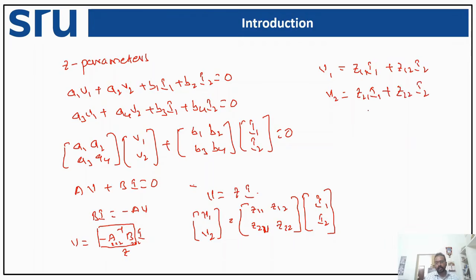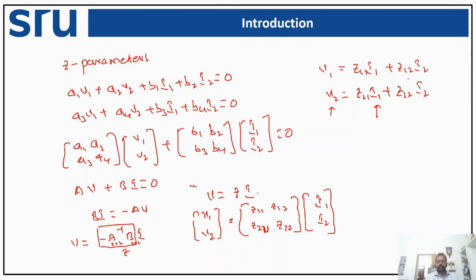Here you can see that we have assumed the port currents are independent and the port voltages are dependent, at the input port and the output port.